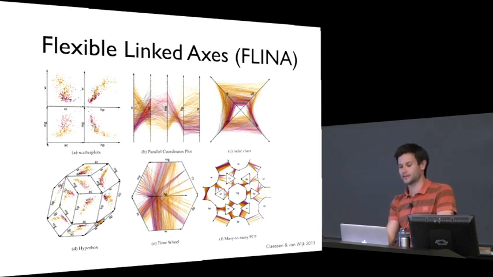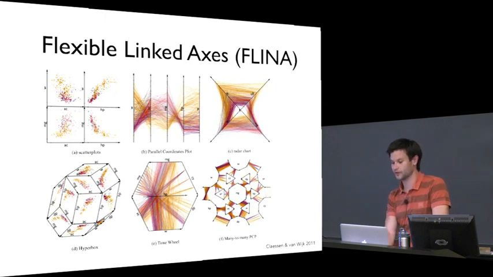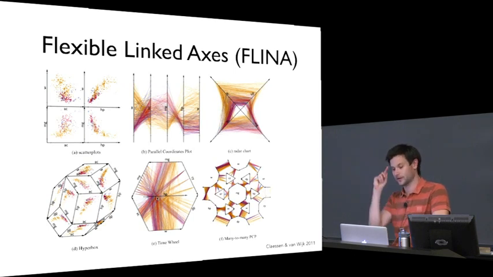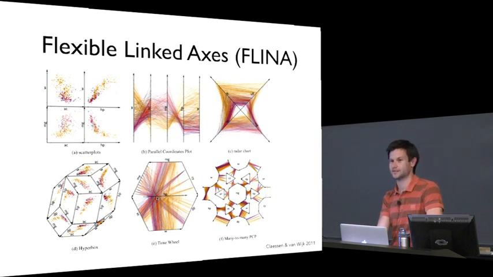If you rotate one axis and you put it in a 90-degree angle to each other, then it will show these scatter plots here. And then you can, of course, create all kinds of combinations. For instance, you could arrange them in this star plot shape. You could just pick one axis, which is the most interesting for you, in the center, and just put everything around that. And this concept is called flexible linked axis. It's just a generalization of simple scatter plots and parallel coordinates.